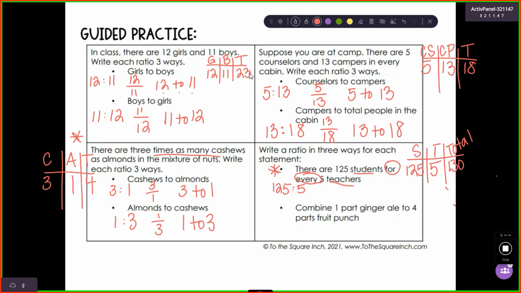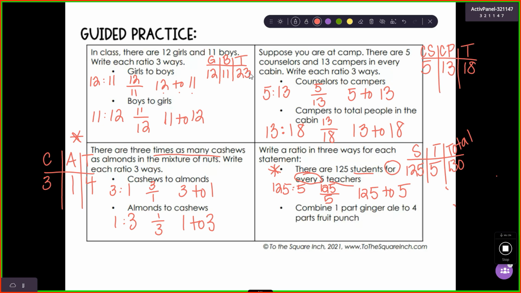So now let's write it as a value of a ratio, which is a fraction. And lastly, write it as the word form.